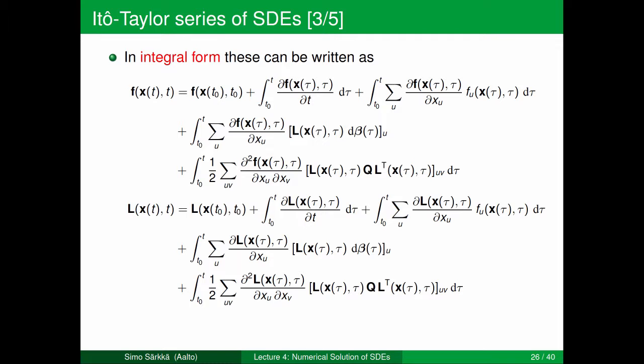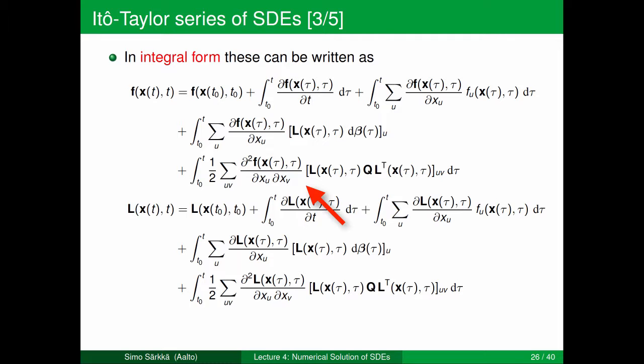So f is equal to f evaluated at t0, plus the integral of the partial derivative with respect to time, plus the integral of partial derivatives with respect to x_u times f_u, plus the integral of partial derivatives with respect to x_u times L dβ. So these are stochastic integrals, plus then the integrals of half times the second partial derivatives times L Q L transpose dτ.